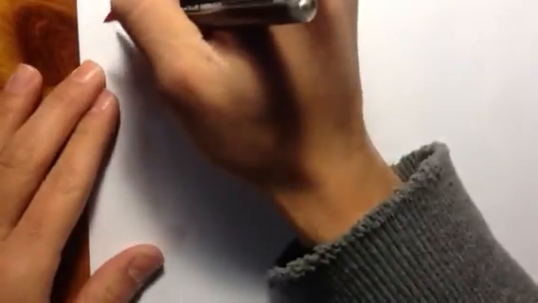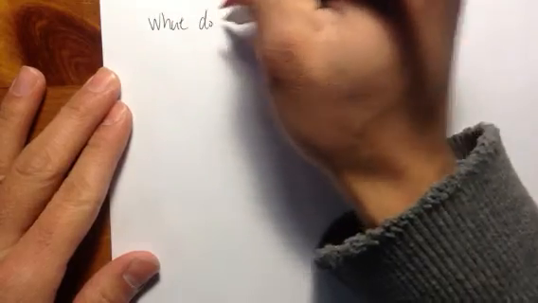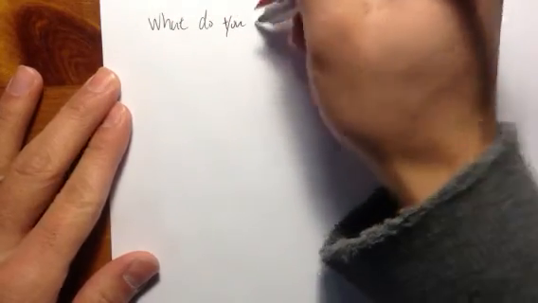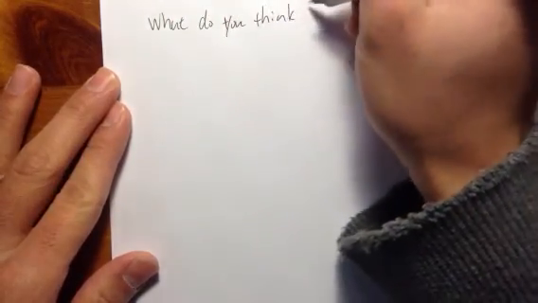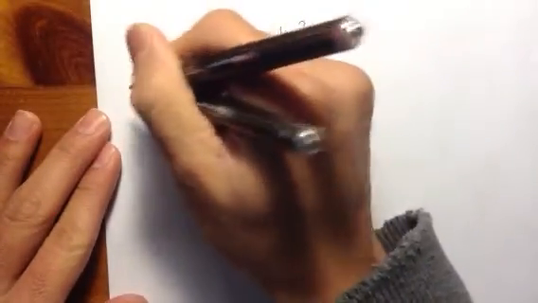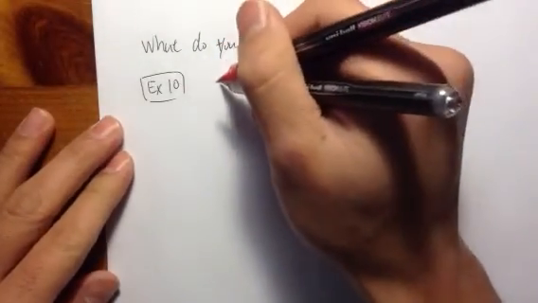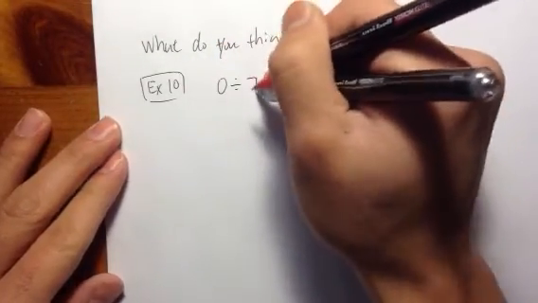And before we go on to example 10 and so on, I will ask you guys to try this one first. So tell me what you guys think the answers are. So before I tell you the answer, please try it out. Example 10, I would like you guys to do what's 0 divided by 7.